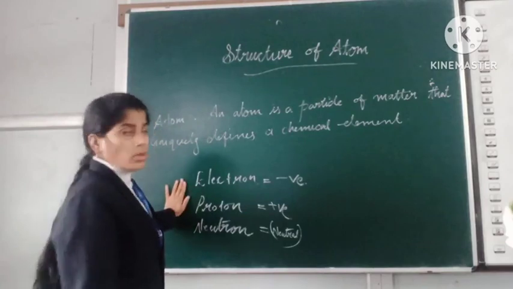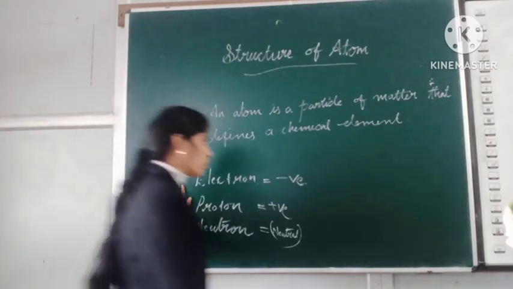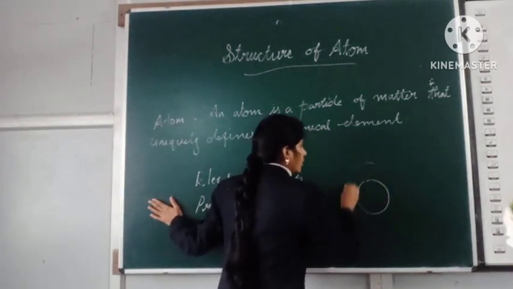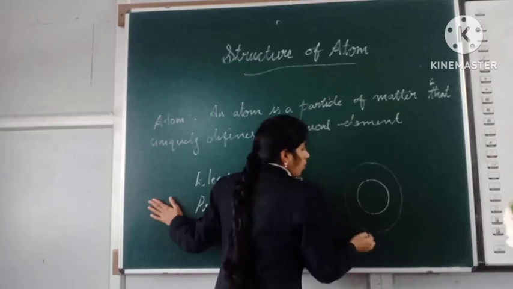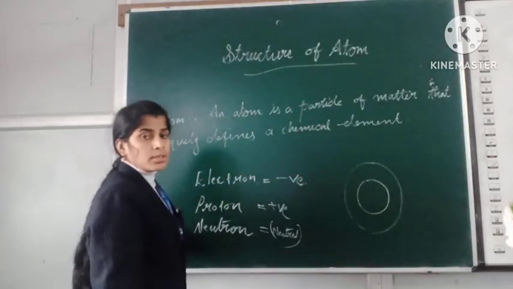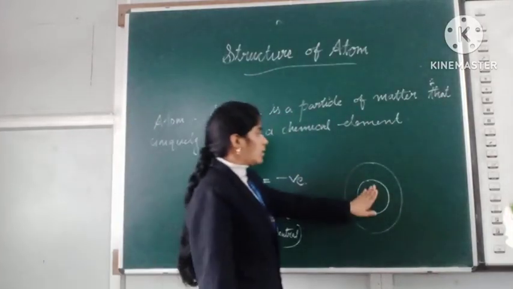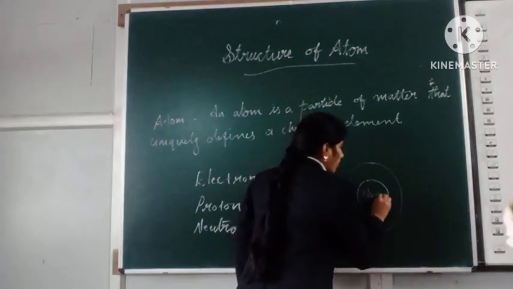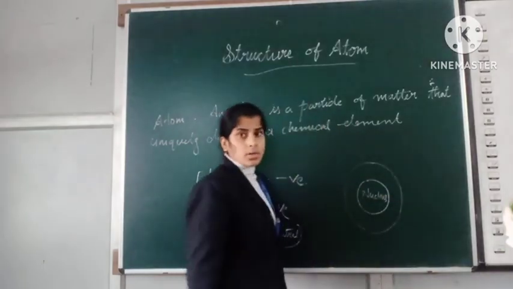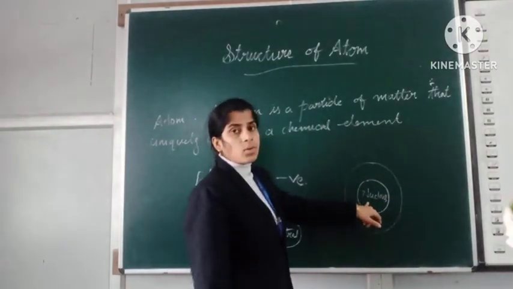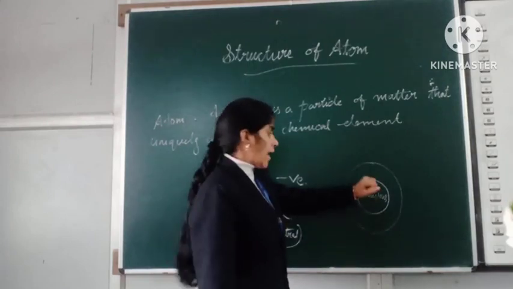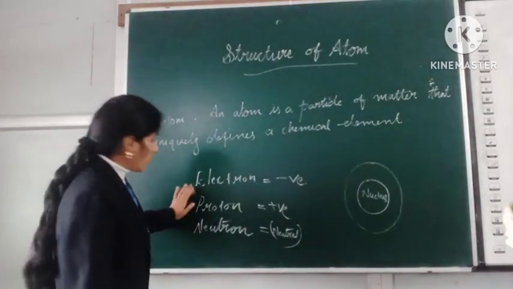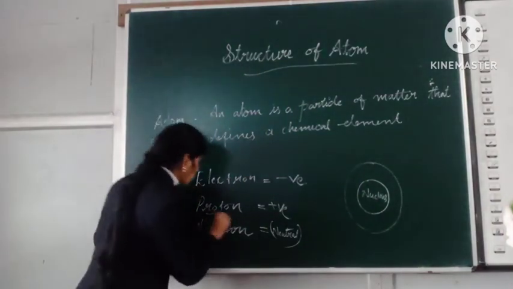We already know the structure of an atom. We can see one center core, and then one or more orbits in the structure of the atom. The center core of the atom we call the nucleus. The nucleus includes proton and neutron.